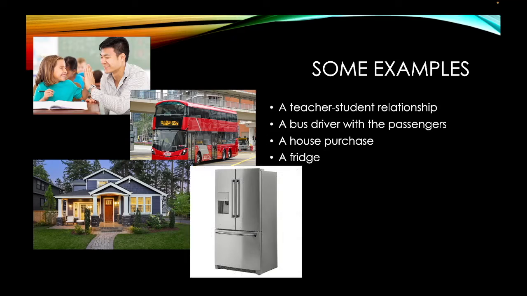And the last example is a fridge. This might not seem obvious, but usually people buy a fridge so that they can have a place to store their food and make sure that they're refrigerated, and they're paying electric bills for that to happen.